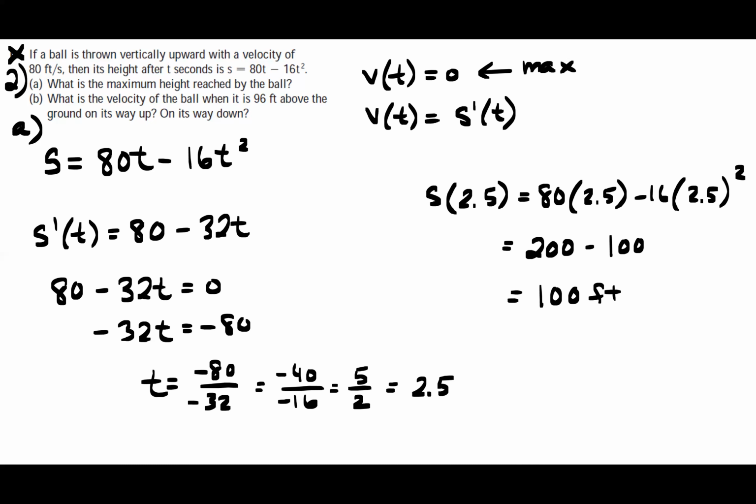Now we're trying to find v of t, right? So we actually need the t in order to find out what the v is. So we need to know the time. At what time is the ball going up instantaneously at 96 feet above the ground? I need the time that it happens.